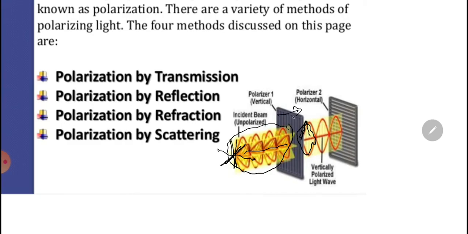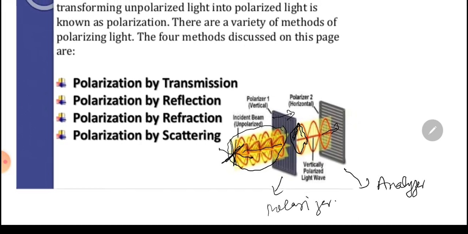After passing through this polarizer, the light wave has only vertical vibration, and here the vertical vibration is also blocked. This is called the analyzer, and this is called the polarizer.